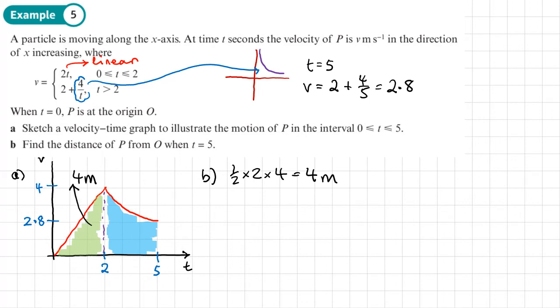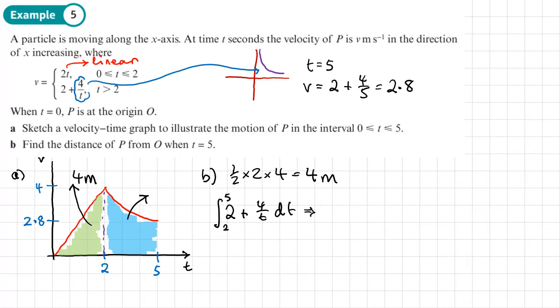And then for the displacement for this part, we need to use integration. So we'll integrate the second part of the piecewise function, 2 plus 4 over t, with respect to t between the limits of 2 and 5.